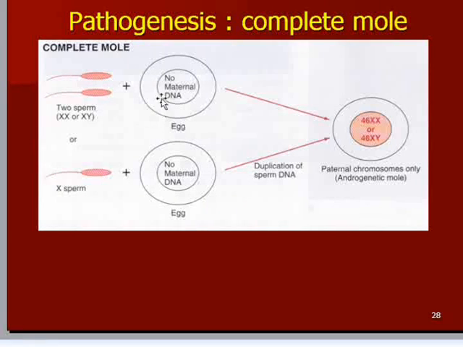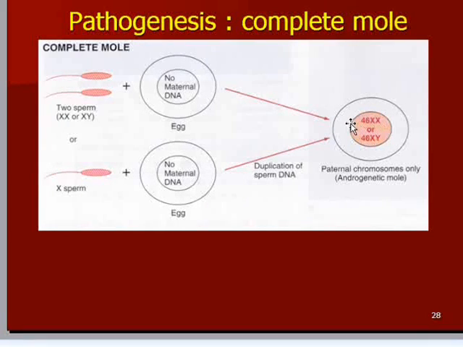Once this fertilization takes place, it produces a cell which has 46XX or 46XY chromosomes. And not to forget, this is a fertilization between two sperms.